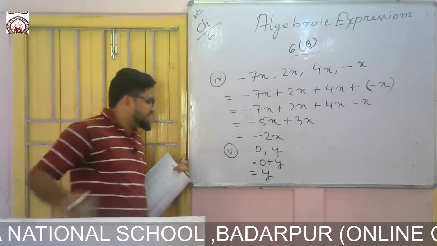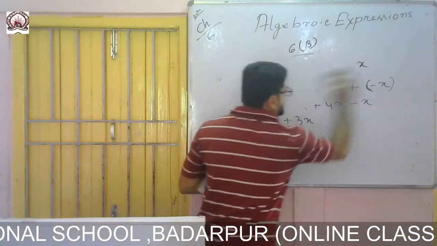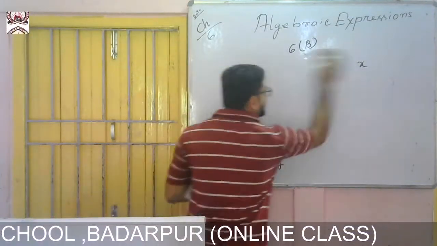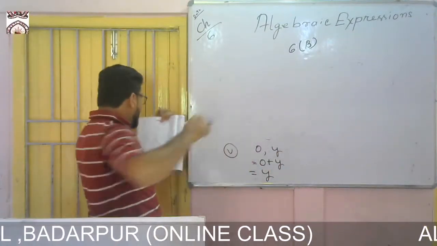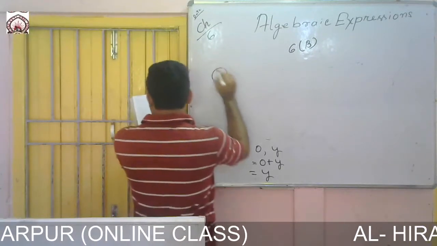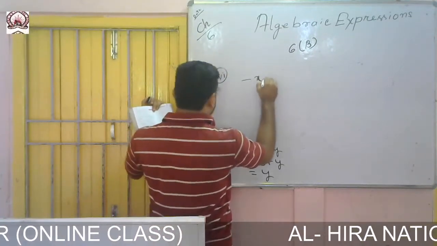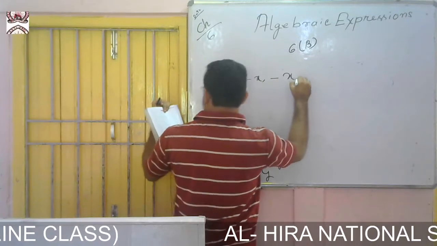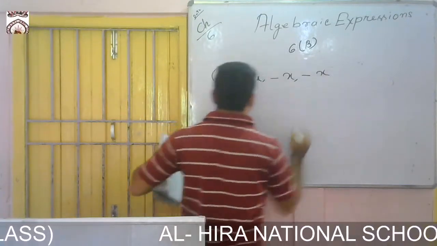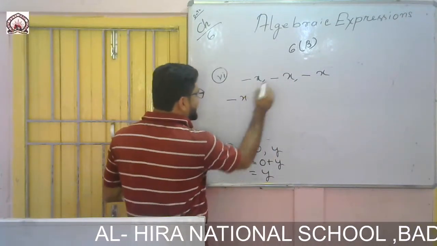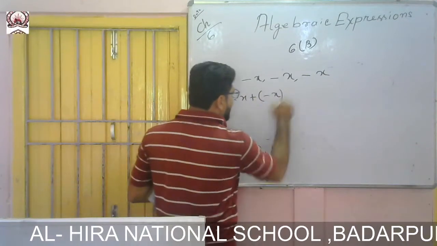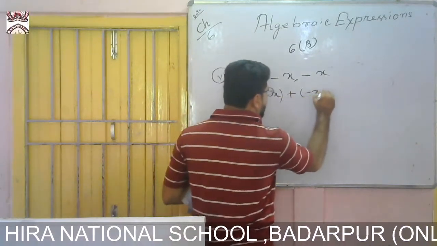Now come to question number 6. Question number 6 is minus x, comma, minus x, comma, minus x. If you add like this, then minus x, then plus bracket minus x, then plus bracket minus x.